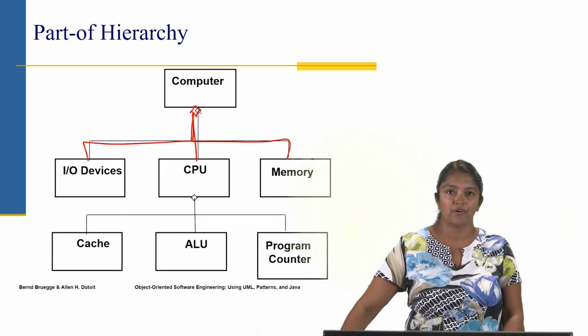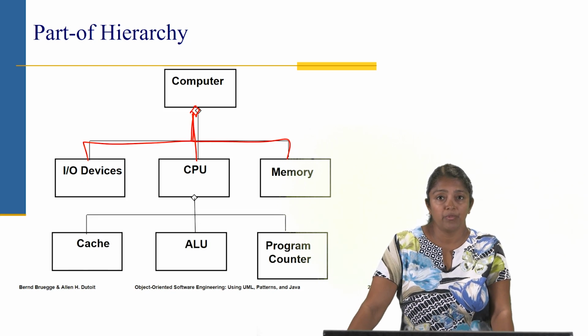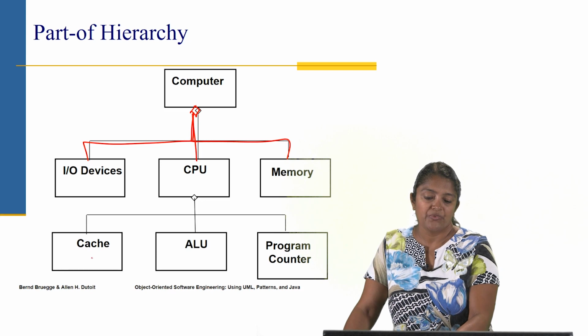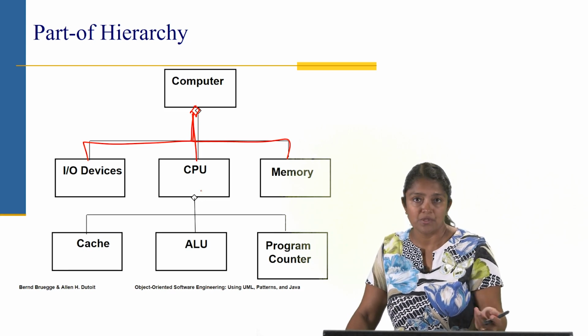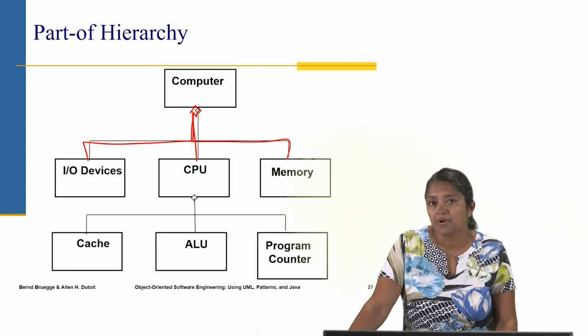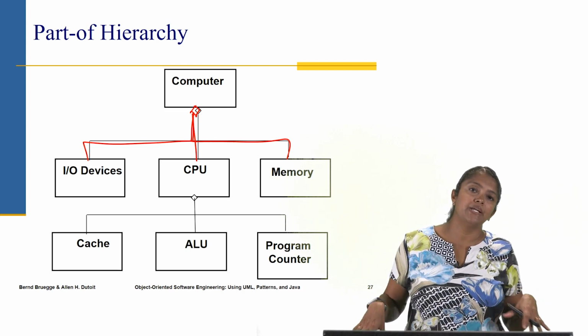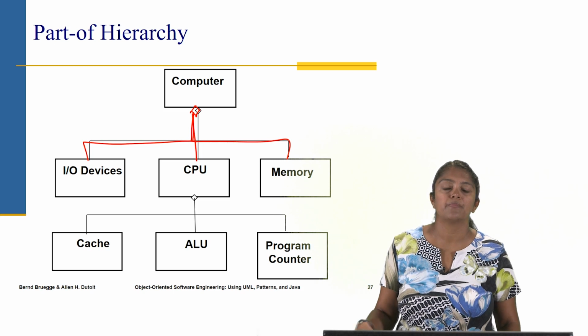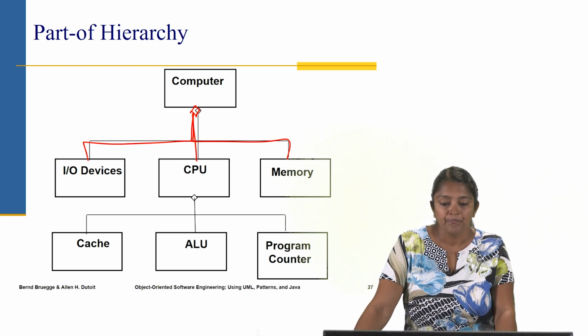That's the part of hierarchy. Now CPU can be further broken down into cache, ALU, and program counter. So cache is a part of CPU, ALU is part of CPU, and program counter is part of CPU. Arranging chunks in this manner, where there is this part of relationship, is called the part of hierarchy.